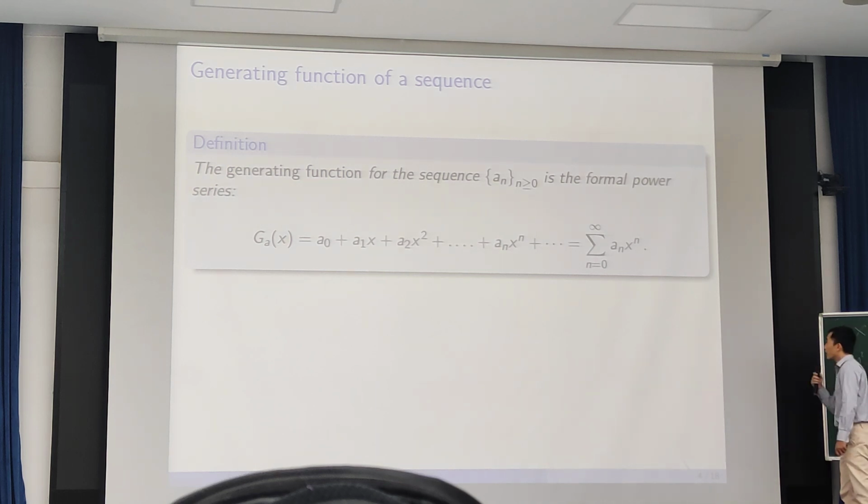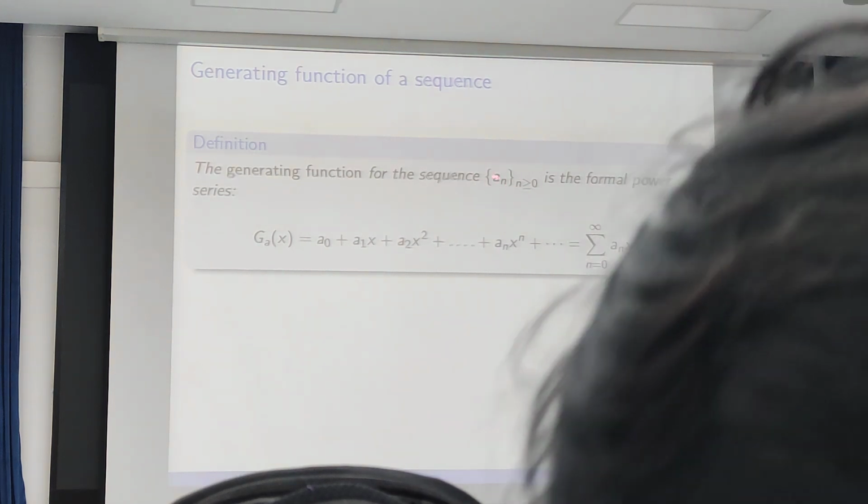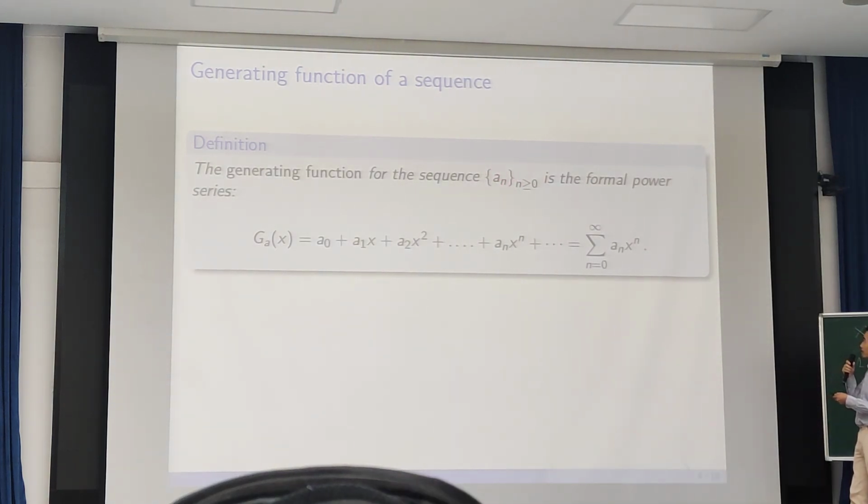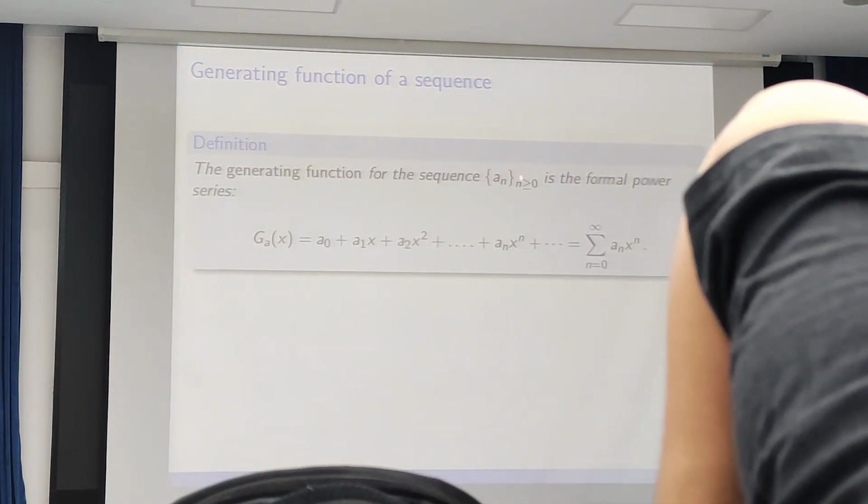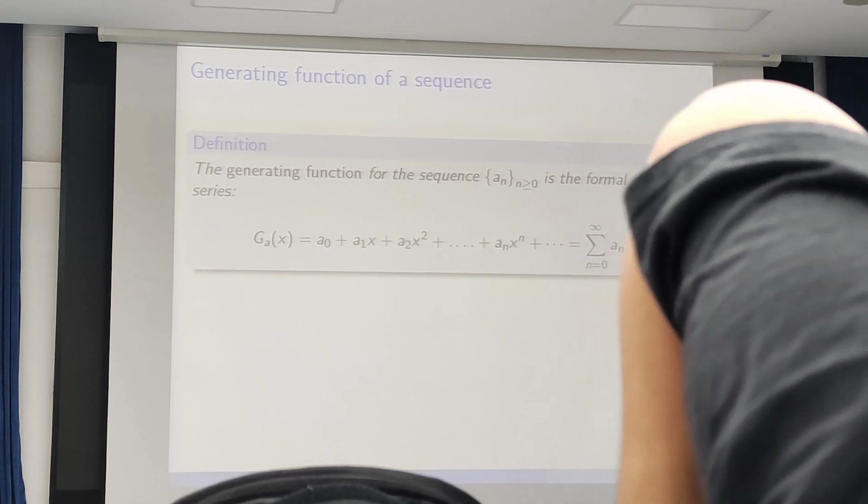Okay? So now, what are generating functions? Okay? So, in our context, a generating function is usually associated to a sequence. Okay? So if we have a sequence, let's say a general sequence that we denote by a_n. This sequence is indexed from 0. Okay?